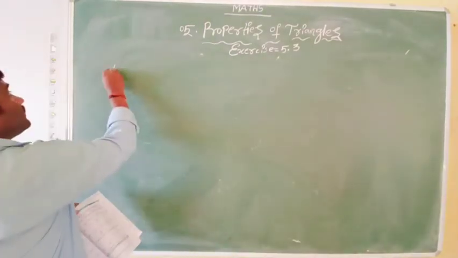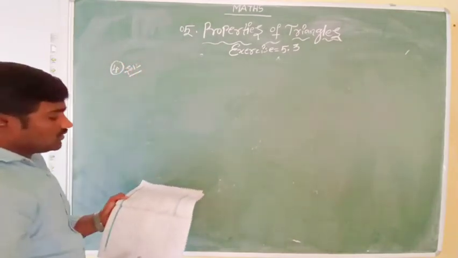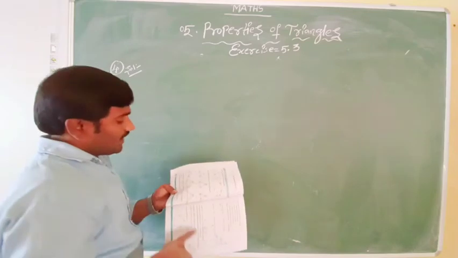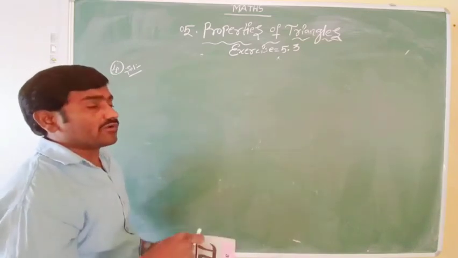Then the fourth question. The fourth question you see here. In a right triangle, one acute angle is 30 degrees. Find the other acute angle.